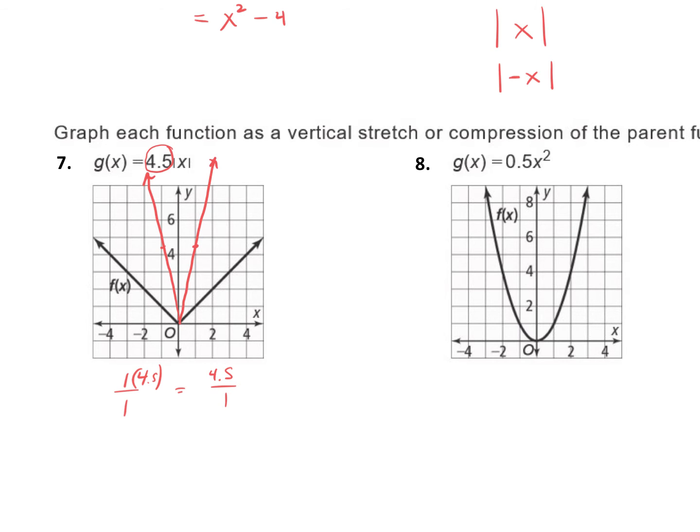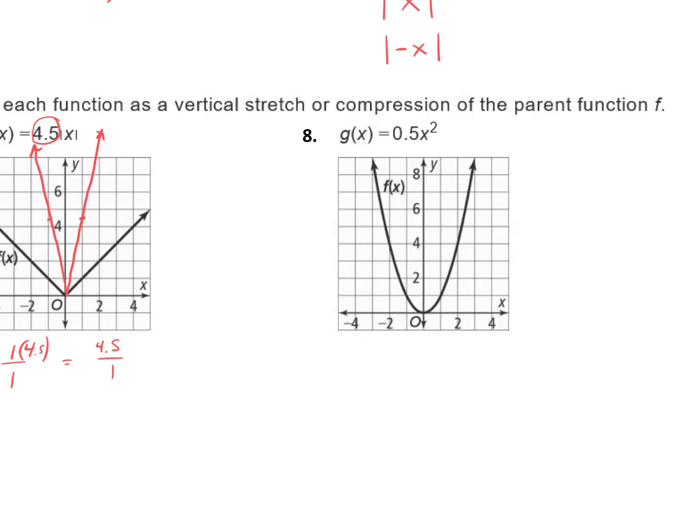Okay. How do we graph something that has a 0.5 out front? Anything where the absolute value is between 0 and 1 is going to be a compression. But we know we have a 1, 3, 5 pattern for parabolas. Whatever this is out front, which is our A value, we're going to multiply that by the 1, 3, 5. So 0.5 times 1, 0.5 times 3, 0.5 times 5. Half of 1 is 1/2, half of 3 is 1.5, and half of 5 is 2.5.